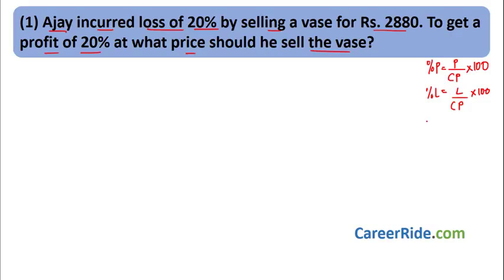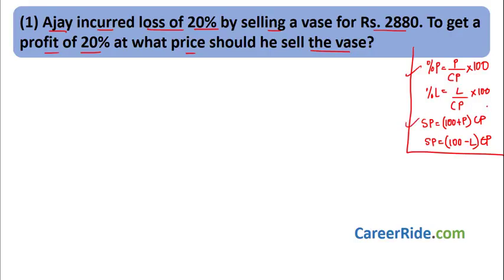And if we have profit percent or loss percent, then selling price would be 100 plus profit multiplied by cost price, and for loss it would be 100 minus loss into cost price. These are the 4 formulas, right? Just remember 2 of them, and you can easily derive the loss formula.